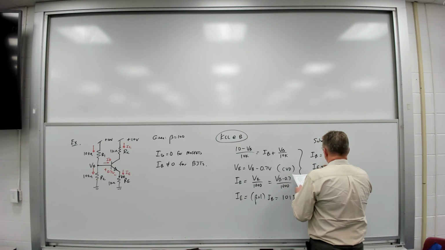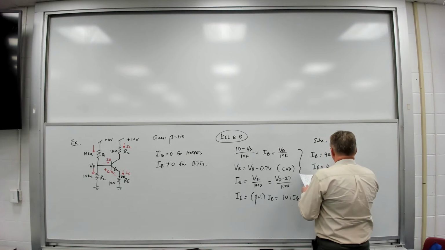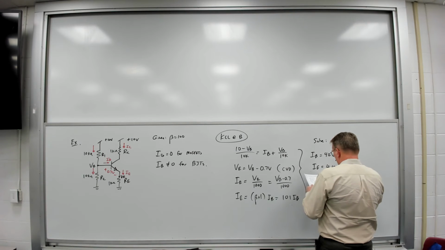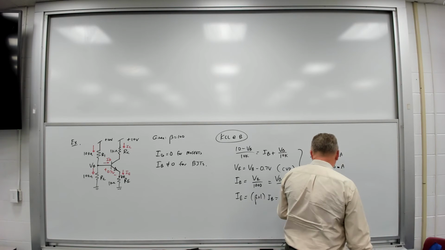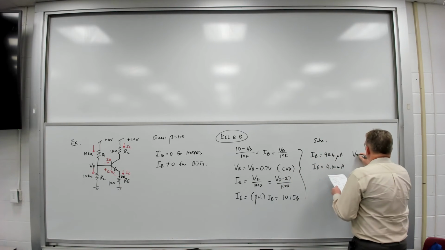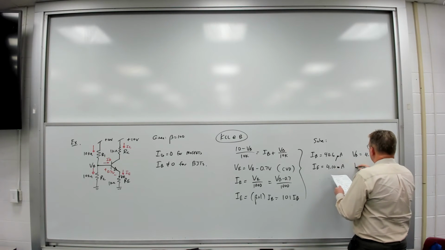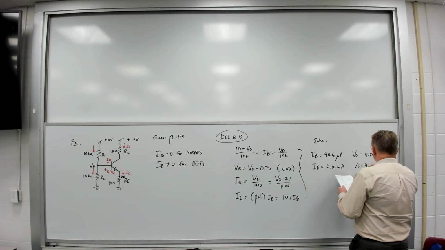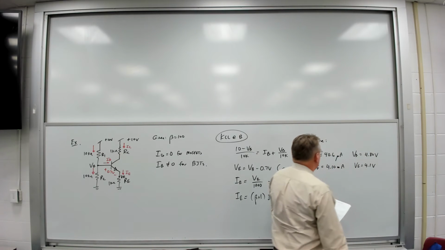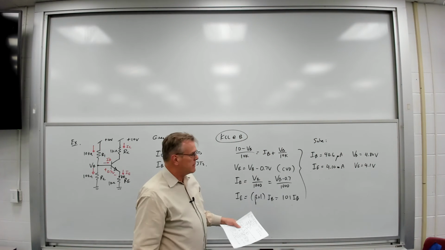IE will be equal to 4.10 milliamps. VB will be equal to 4.80 volts. And VE will be equal to 4.1 volts. So solving these equations, I get this.